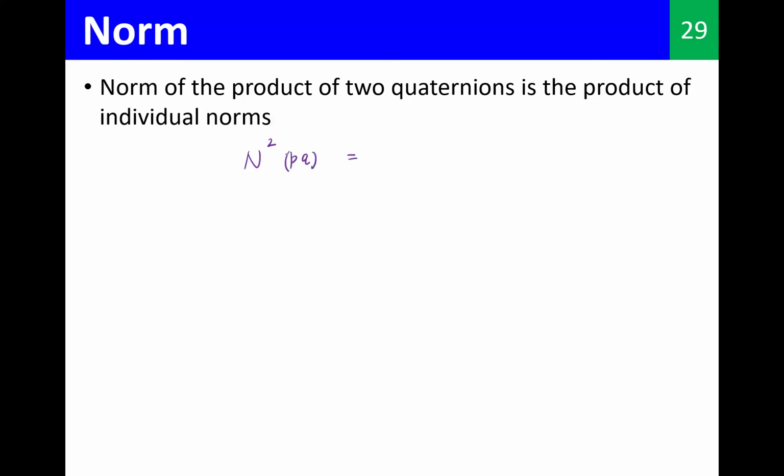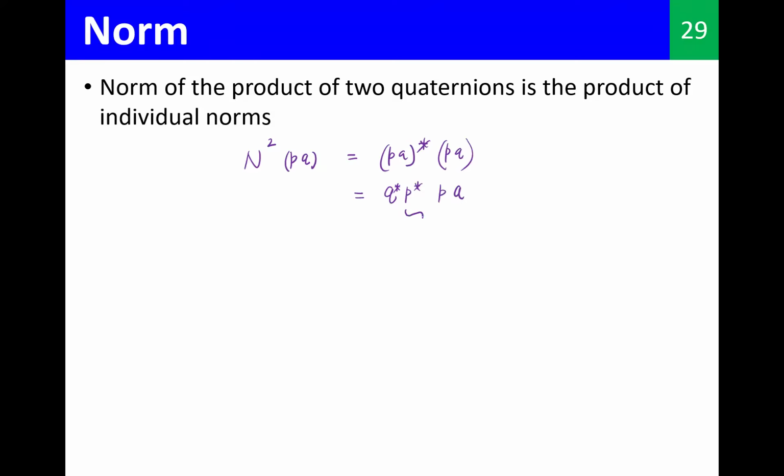Since we are talking about the square, we can just write pq conjugate pq. So this would be equal to q conjugate p conjugate times pq.